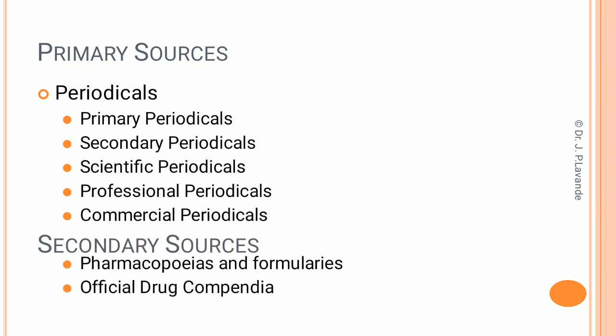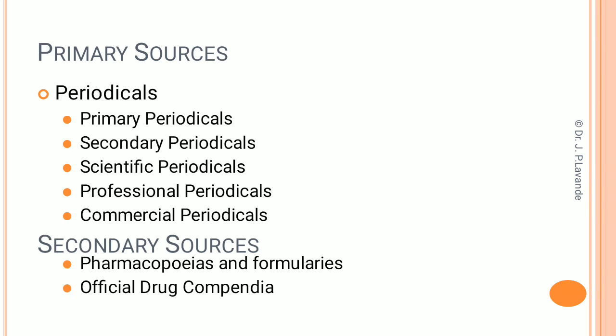Primary sources. Periodicals, also referred to as journals, serials, magazines, bulletins, etc., are published as issues, for example, weekly, monthly, or quarterly, and as volumes.